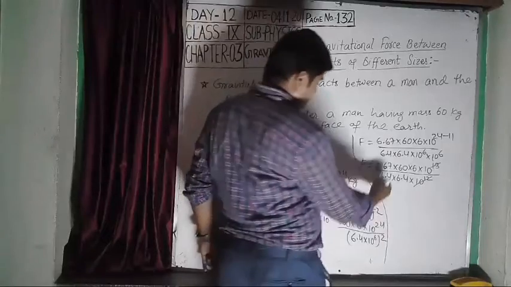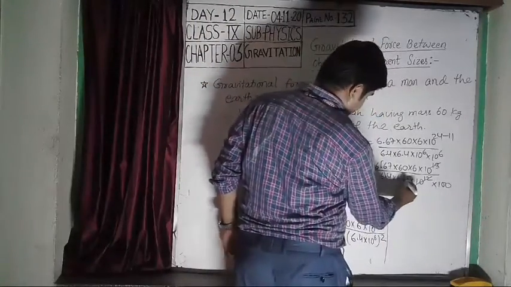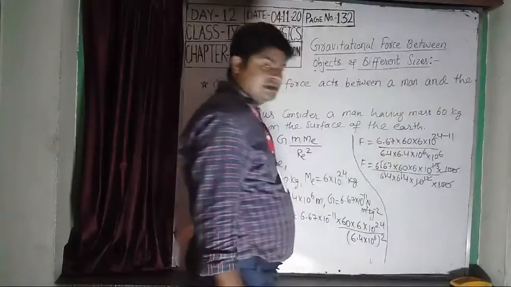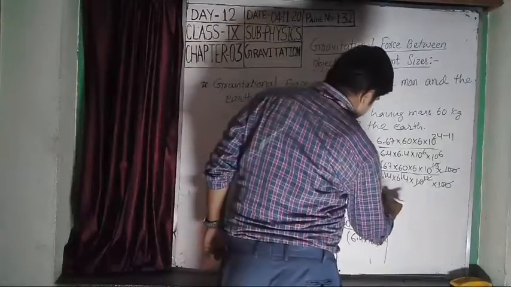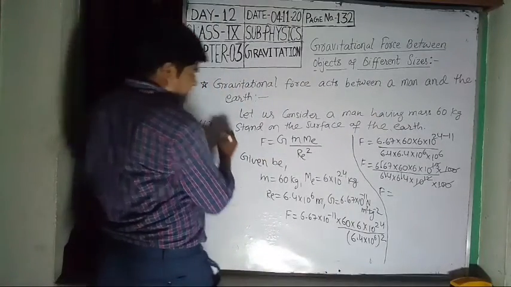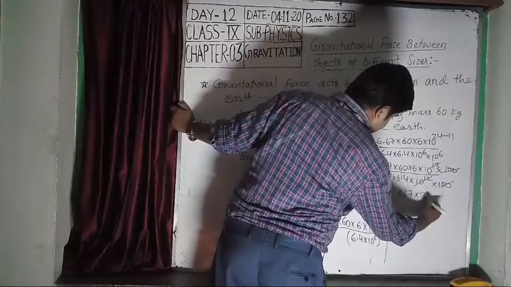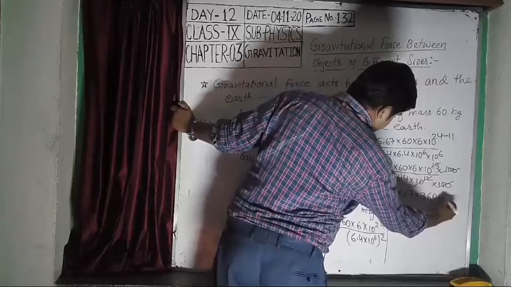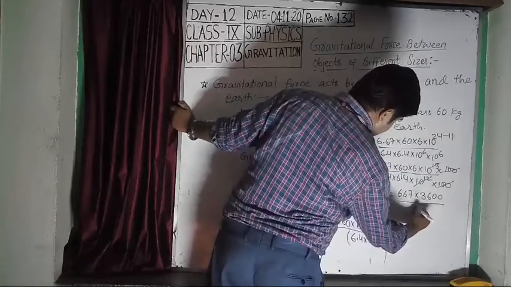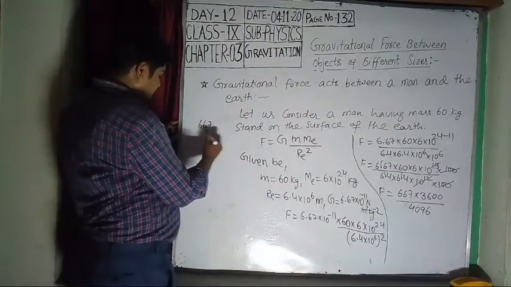Now remove the decimals, it becomes 10, 10, 100 cancel out. Now you will just multiply 667 into 6 is 36, 3 is 60, and 64 into 64 is 4096.